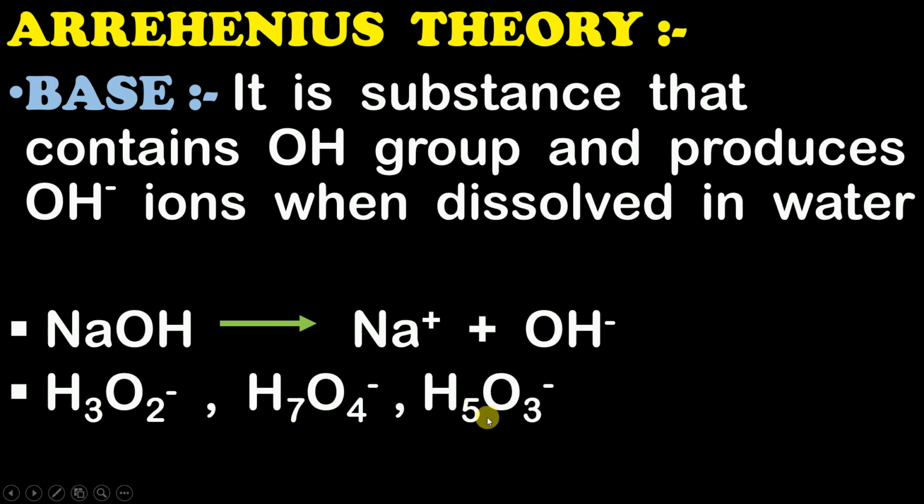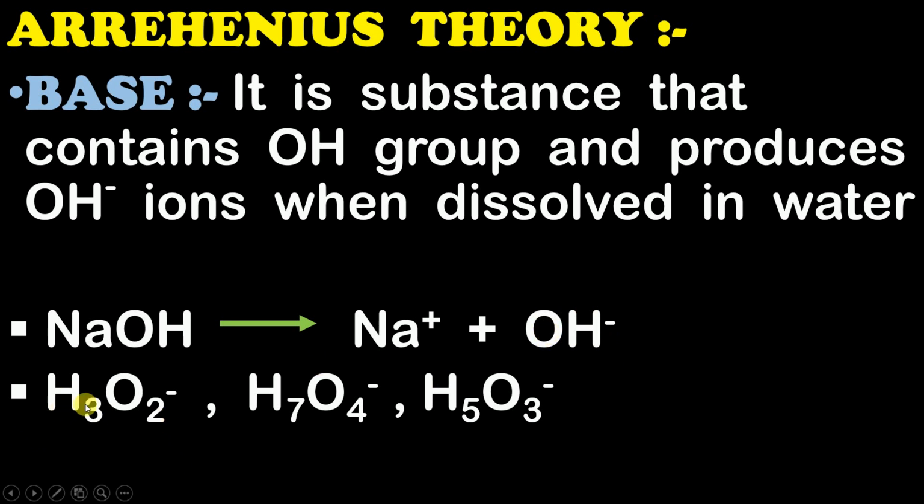And I hope you all know how we get these hydrated forms by simply adding H2O to it. So if you add an H2O to this OH minus, you are obviously going to get H3O2 minus. You can see, OH contains one hydrogen and H2O contains two hydrogens. So 1 plus 2, 3. So we have 3 hydrogens over here, and OH contains one oxygen atom and H2O contains one oxygen atom. So 1 plus 1 gives you 2.